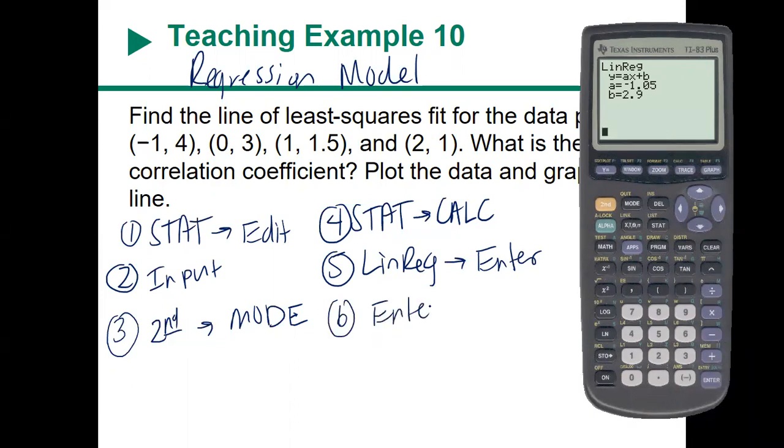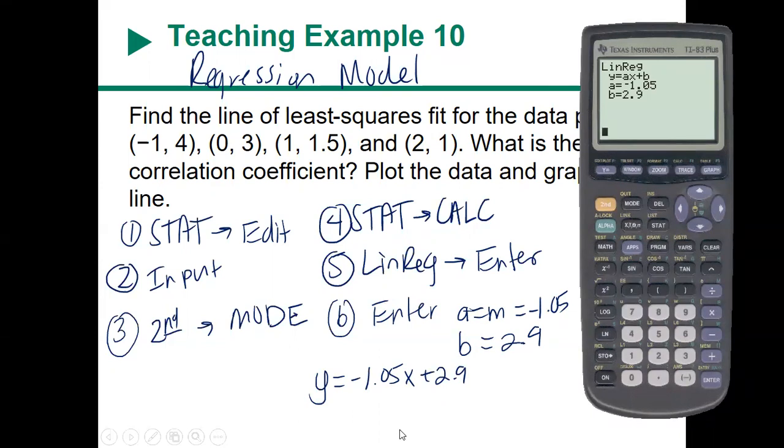Then enter again, and bam, you now have your slope. A equals your slope. For this problem, our slope is -1.05, and B equals 2.9. So the equation would be Y equals -1.05 X plus 2.9.